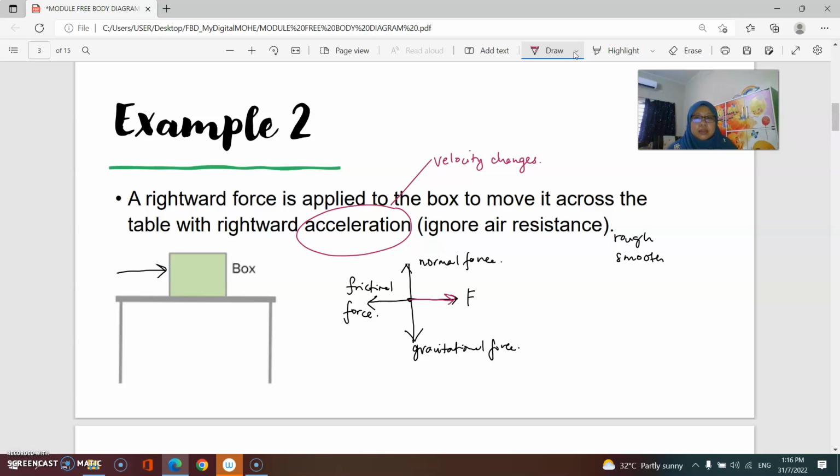So the box is moving to the right using a rightward force. So the magnitude of F is bigger than the frictional force. You can just draw the frictional force with a shorter length compared to F.